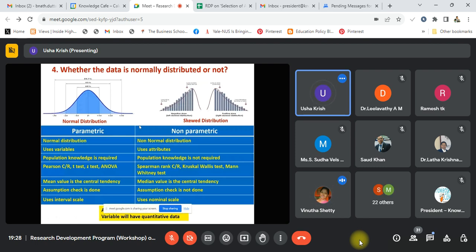Yes, ma'am, I have one doubt. Yes. Please tell me the example for the normal distribution and skewed distribution. Yeah, normal distribution, when you plot the data, what you have on the graph, you get bell-shaped distribution. You are seeing on the slide. If it is skewed, either it will be skewed towards the right or to the left.